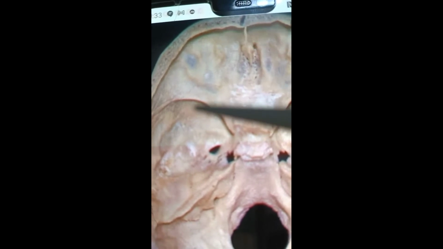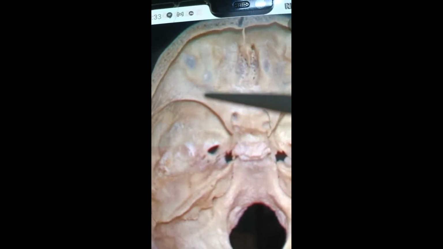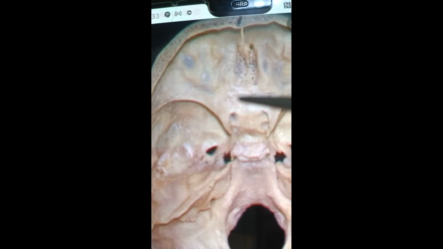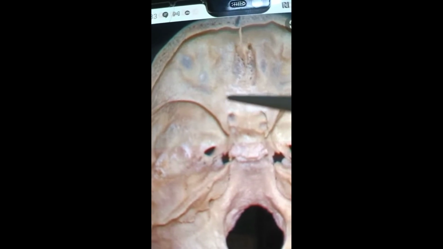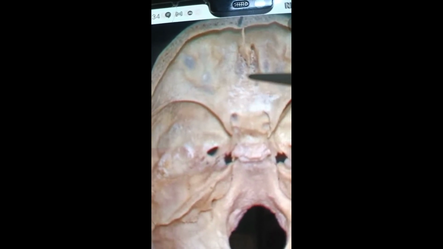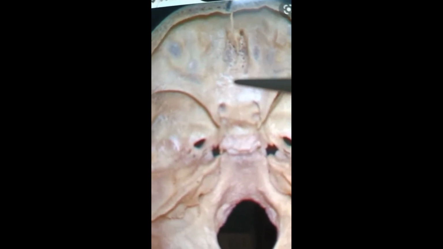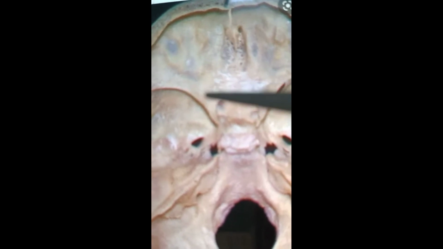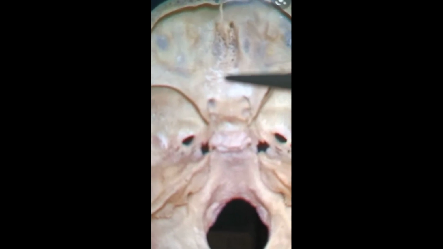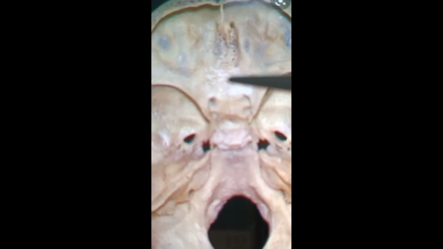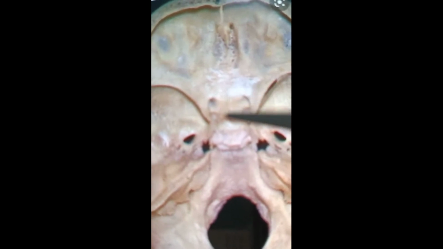It is joined by the orbital plate, so you see a suture here, and the suture goes like this, and then goes into a beak-type projection, which is called the jugum sphenoidale. Now you remember, this is jugum sphenoidale, this is lesser wing of sphenoid. From the jugum sphenoidale, if we go back, you have a bulge here.